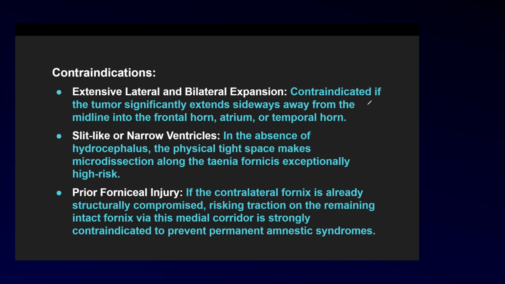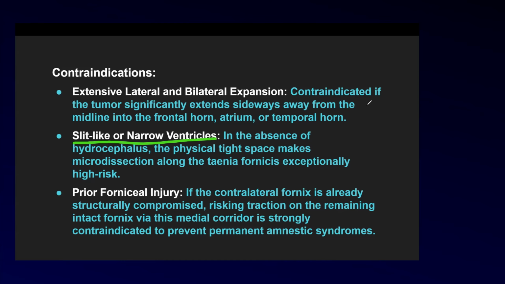Apart from that, if there are slit-like or narrow ventricles, then till anterior transcallosal you would be able to do, but transitioning from the transcallosal to the third ventricle would be very, very difficult, because the foramen of Monro will be narrow, and since there is no hydro inside the third ventricle, even the roof approaches, like the transchoroidal or the interfornicial approaches, will be really difficult.